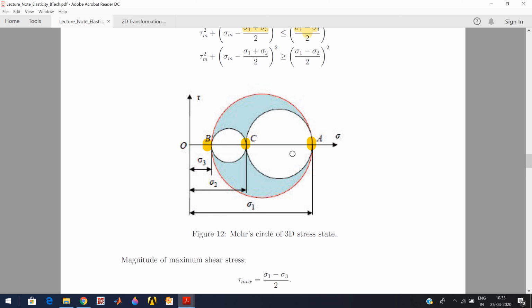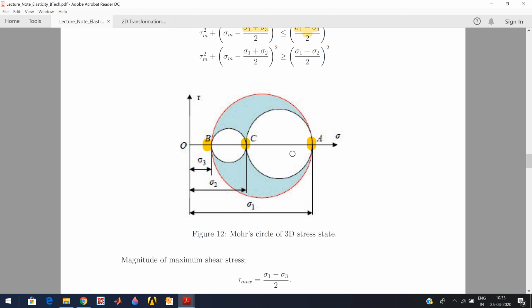SQRT will always give a positive number, whereas the tau, if it is square root of 2, will get 1.414 always, but the solution can also be minus 1.414. MATLAB will not compute that.